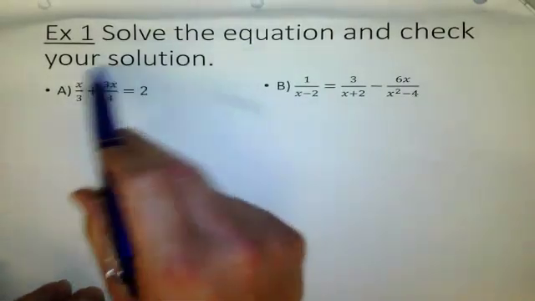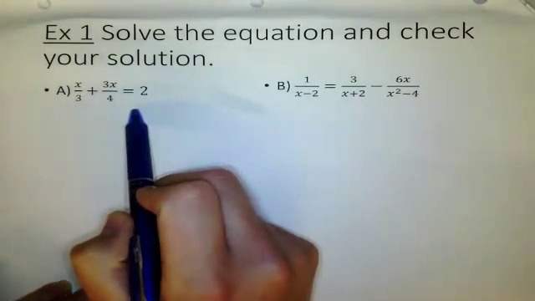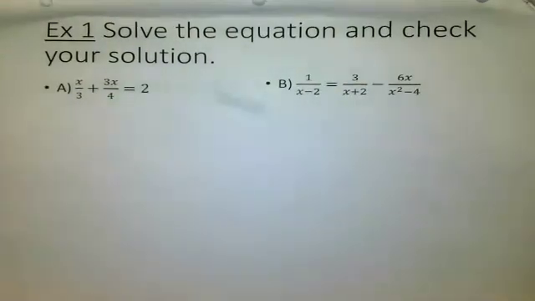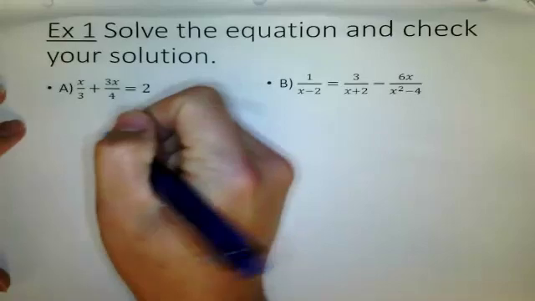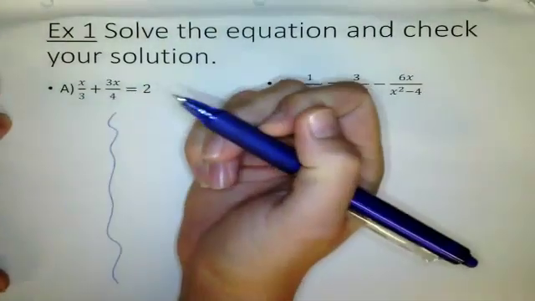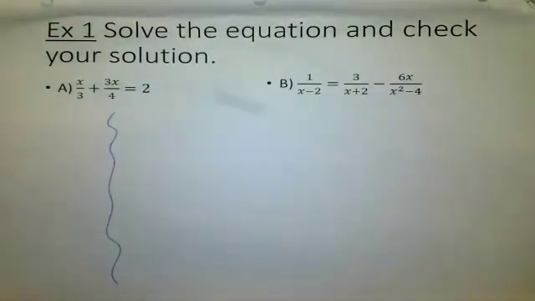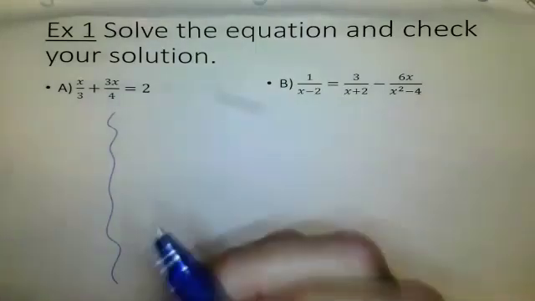So just to solve this linear equation, what do you want to do? There's lots of different ways, so I want to hear from you. What are you thinking of doing? Okay, I hear 2 things. I heard get rid of the fractions.